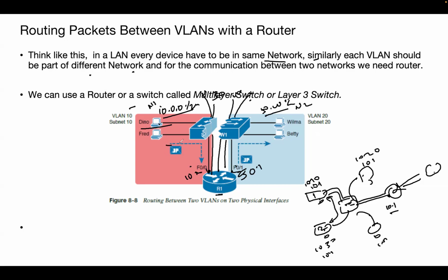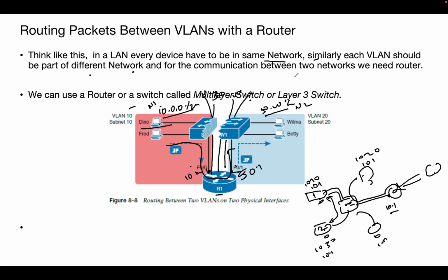Then only that VLAN traffic can come to that interface and go out via the other interface. So if I have 10 VLANs, I need to have 10 physical connections on my router, which is quite not possible. Yeah, it's not possible to have 10 links and all here.